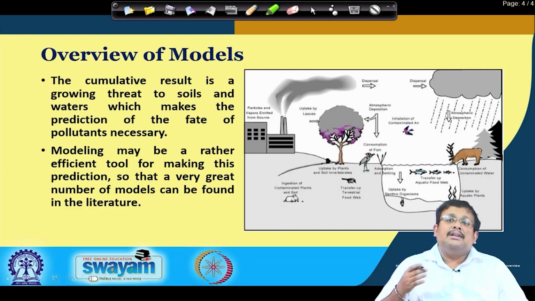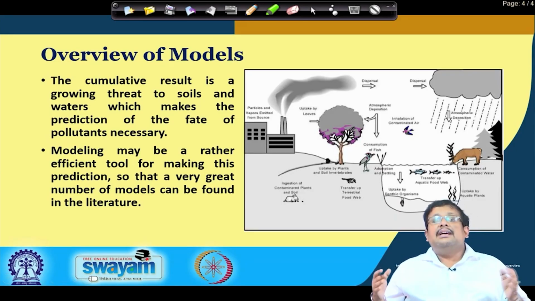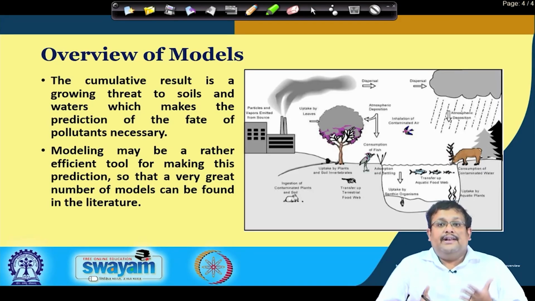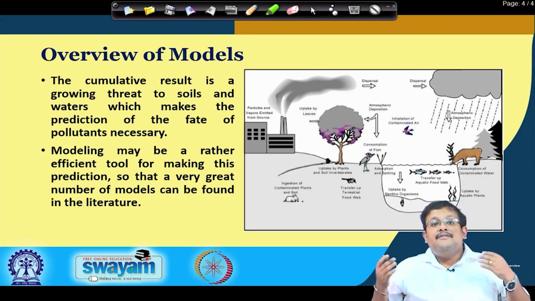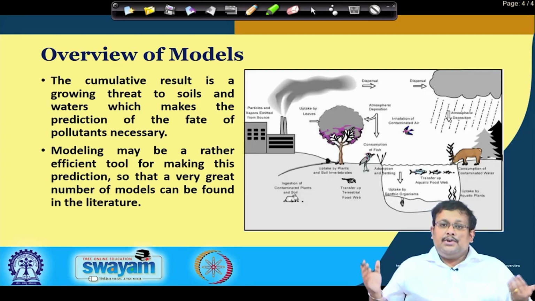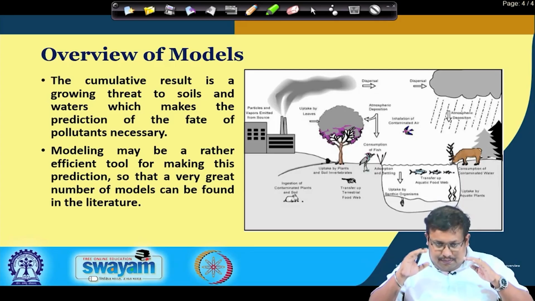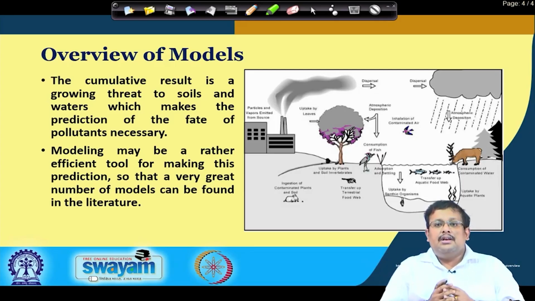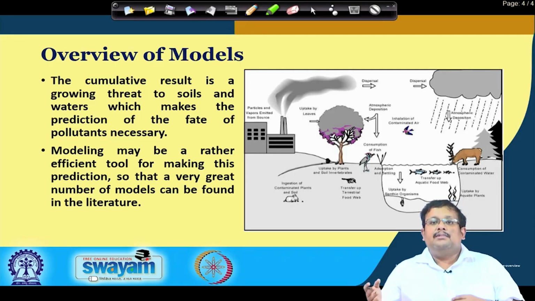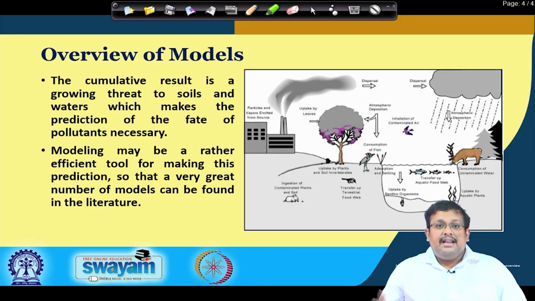Now, remember the cumulative result coming from all these different sources is a growing threat to soils and waters, which makes the prediction of the fate of the pollutant necessary. Once we cover all these different processes and dynamics of pollutants, it is very necessary that we should model the movement and fate of the pollutants in the natural environment.